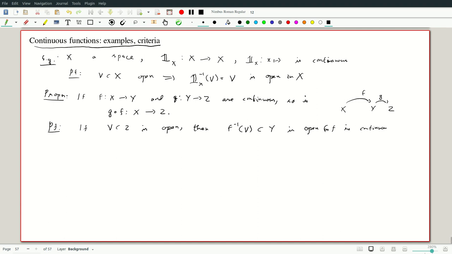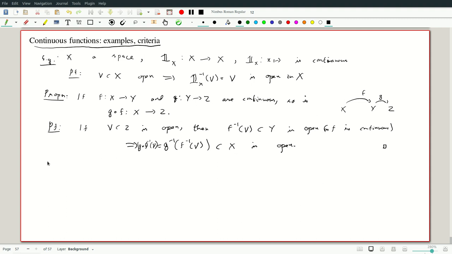And now we are taking again the inverse image of an open set, which implies that g inverse of f inverse of V, that is the same as g composed with f inverse of V, contained in X, is open. That's all. So we have noted that identities are continuous and compositions of continuous maps are continuous.